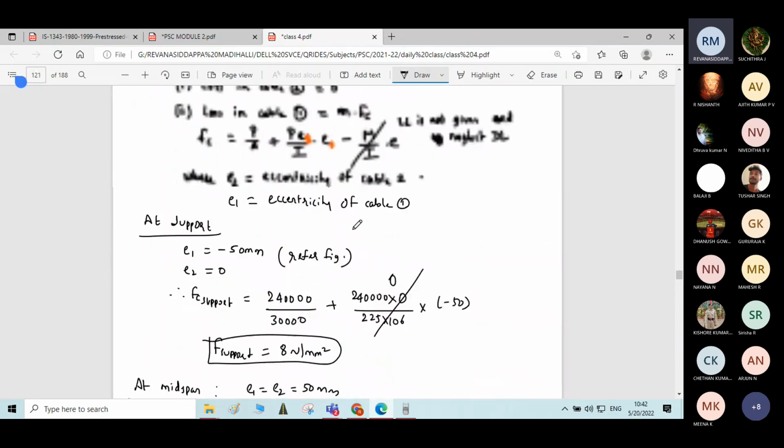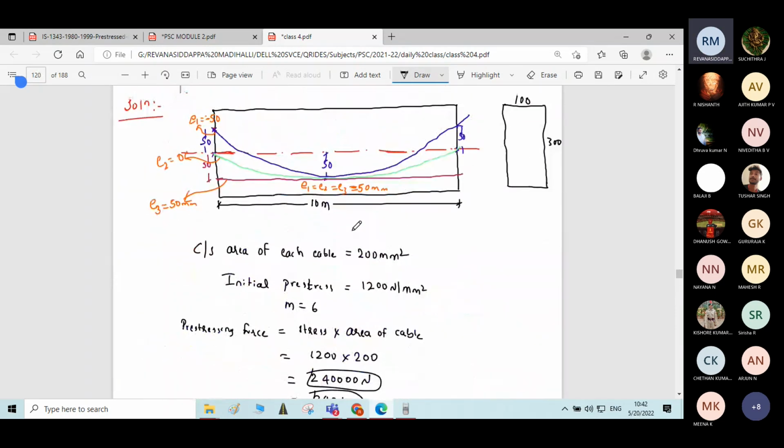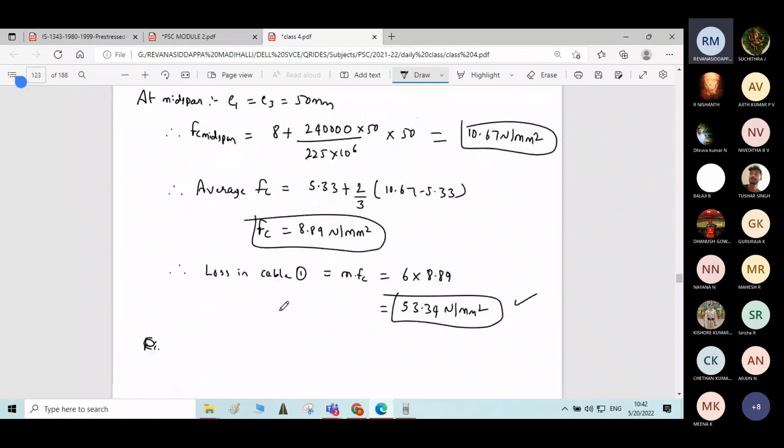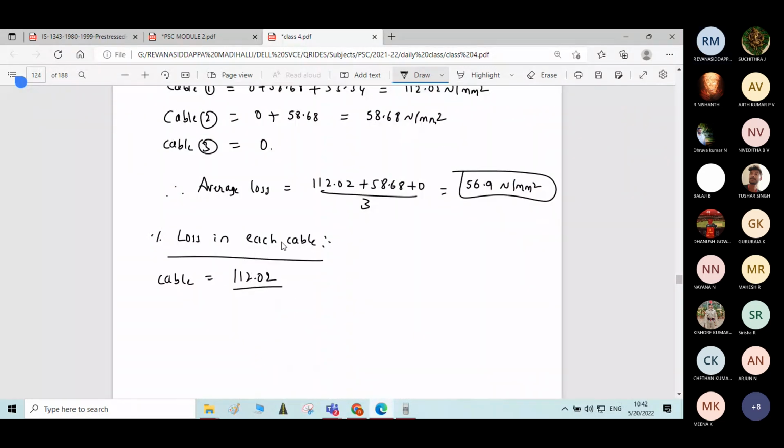How much is the initial stress? It is given in the problem. Initial stress is given as 1200. So 112.02 divided by 1200 into 100, so it is 9.34%.